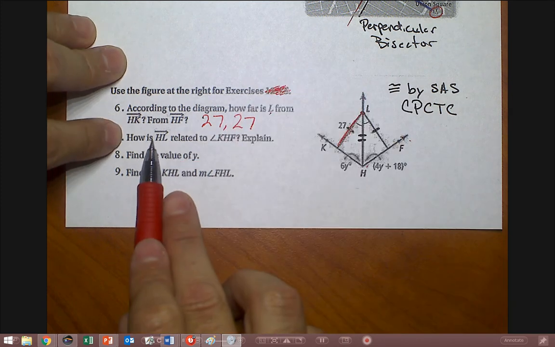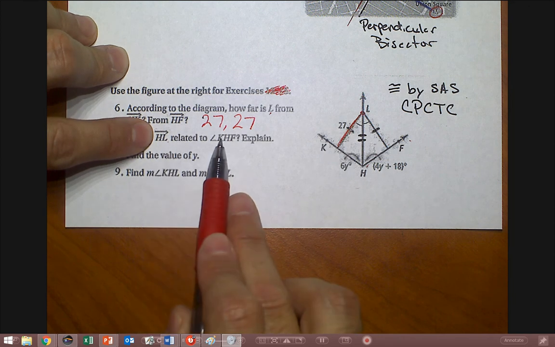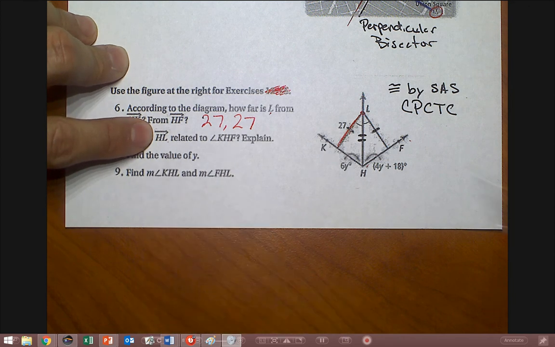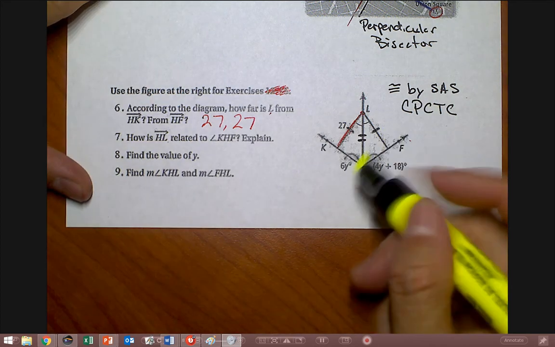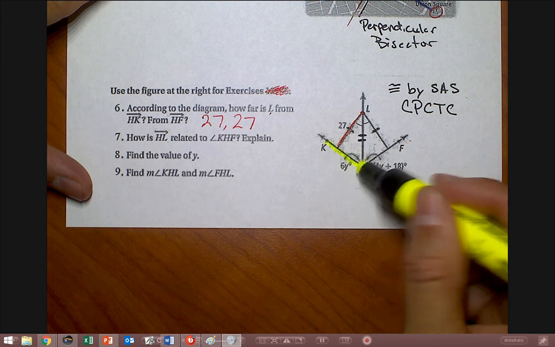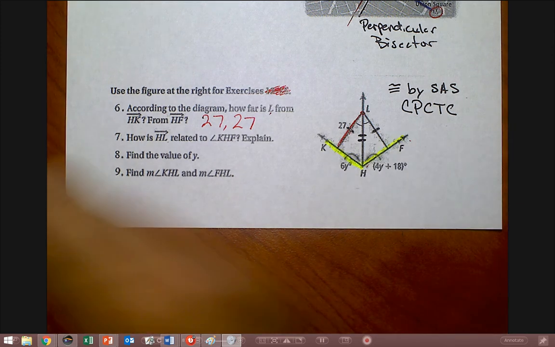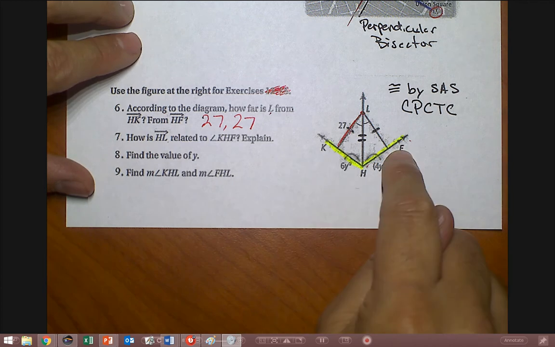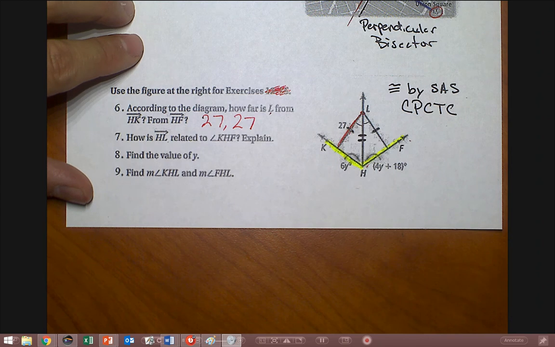Now, how is HL related to angle KHF? It's a bisector, that's what I'm looking for. Here's the angle right here. HL is bisecting this because it's cutting it into 2 equal parts.